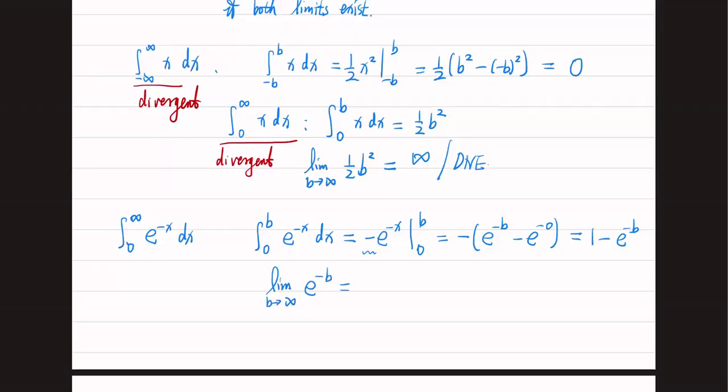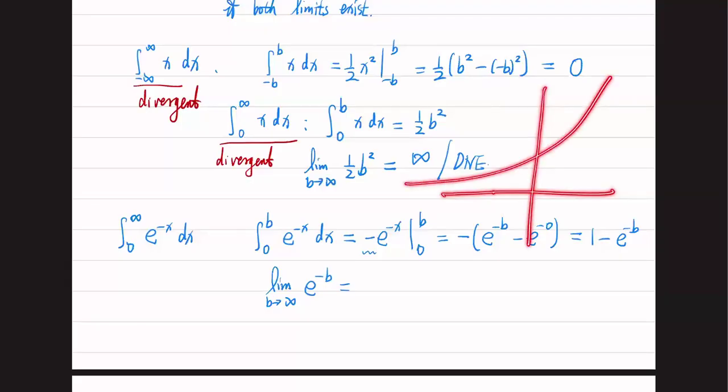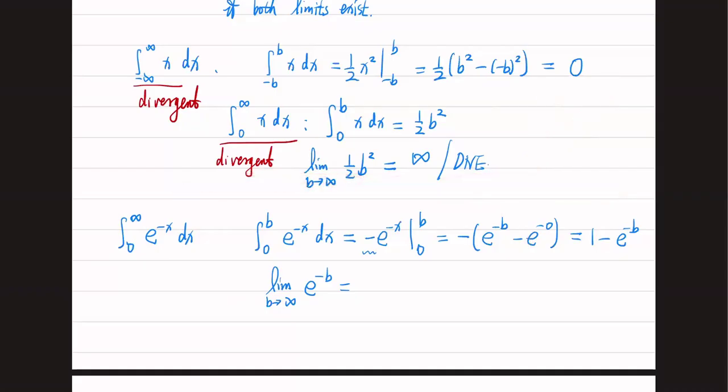Then what's this limit when the exponent goes to negative infinity? If we look at the graph of the exponential function, when the exponent goes to negative infinity, it becomes smaller and smaller and approaches zero.